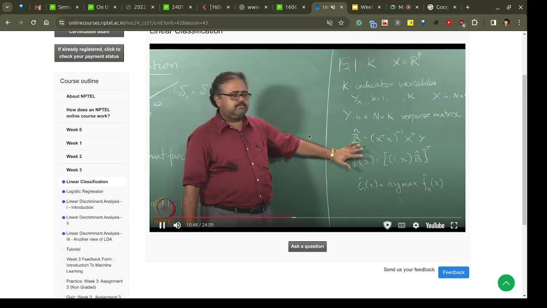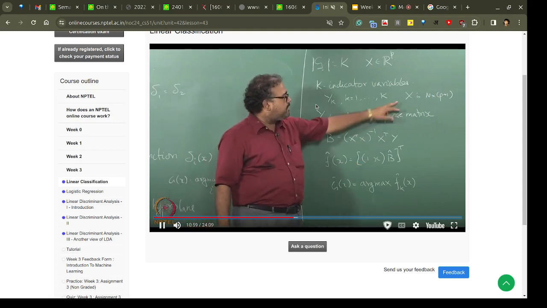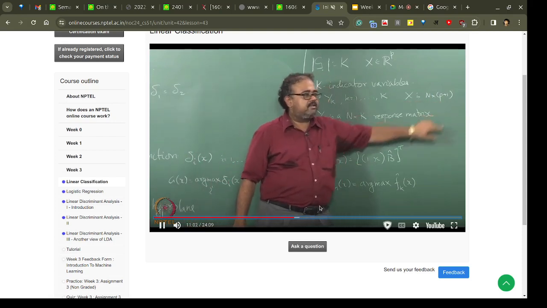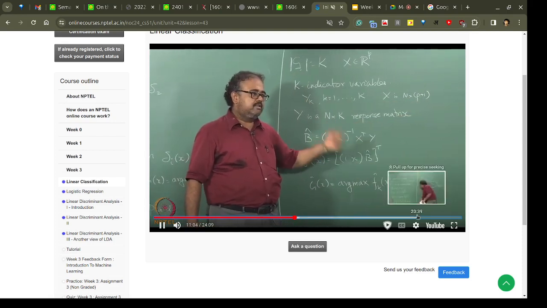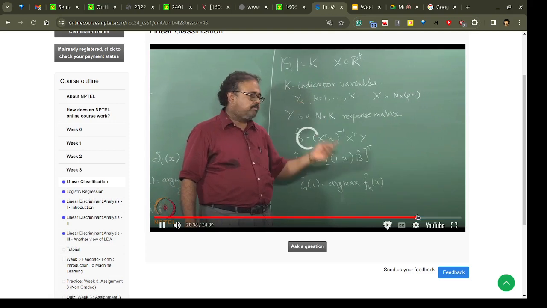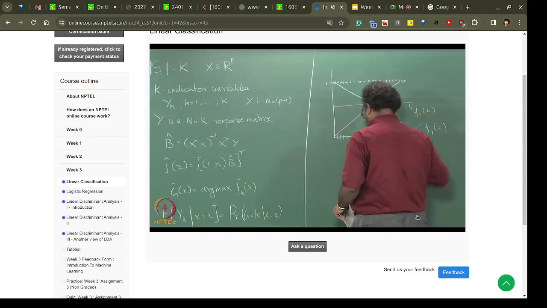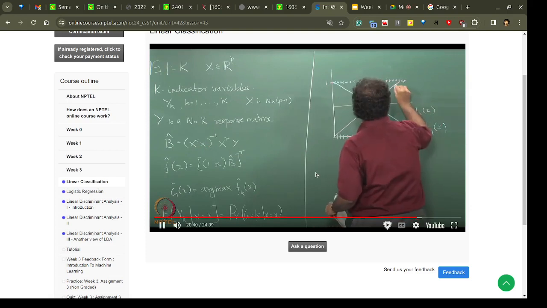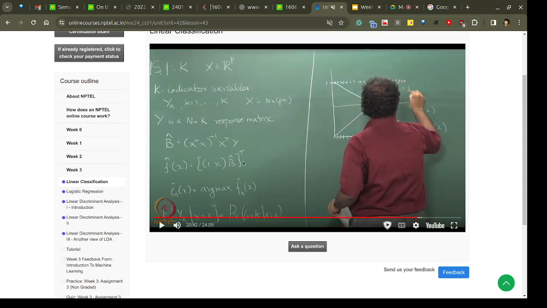Is it here? Yeah, this. So towards the last he then draws up. Actually, I was not able to get that beta cap also, the matrix. This one. Yeah, the beta cap matrix.